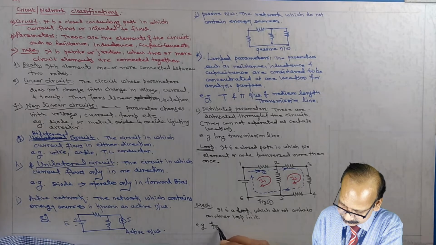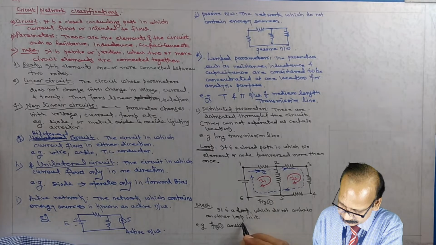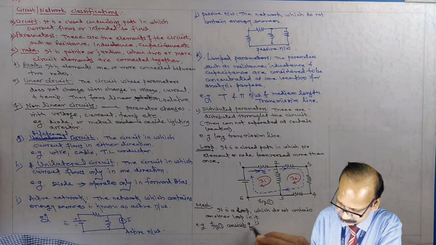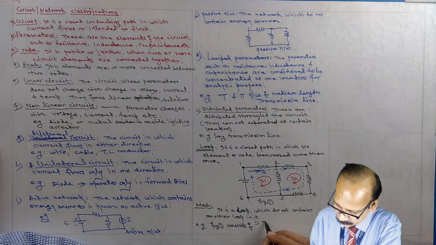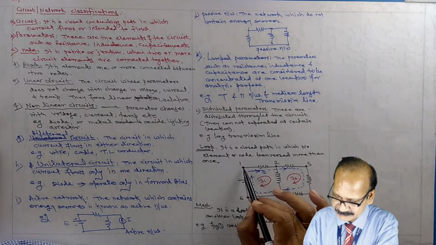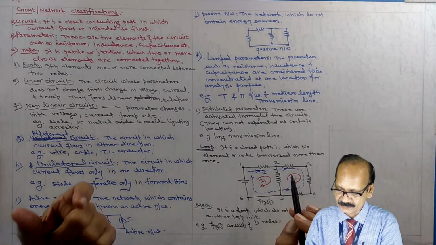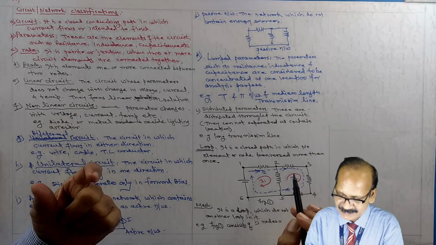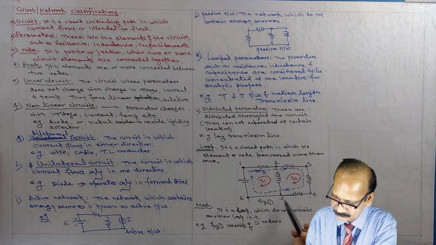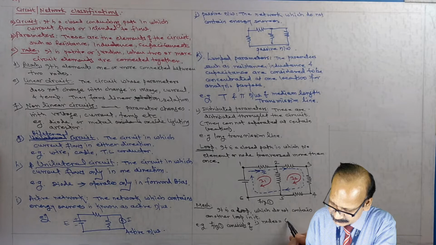For example, figure 1 consists of nodes. See, these are the junctions. A node is where two or more elements are connected together. Now here 1, 2, 3, 4, 5, 6. The number of nodes here is 6.